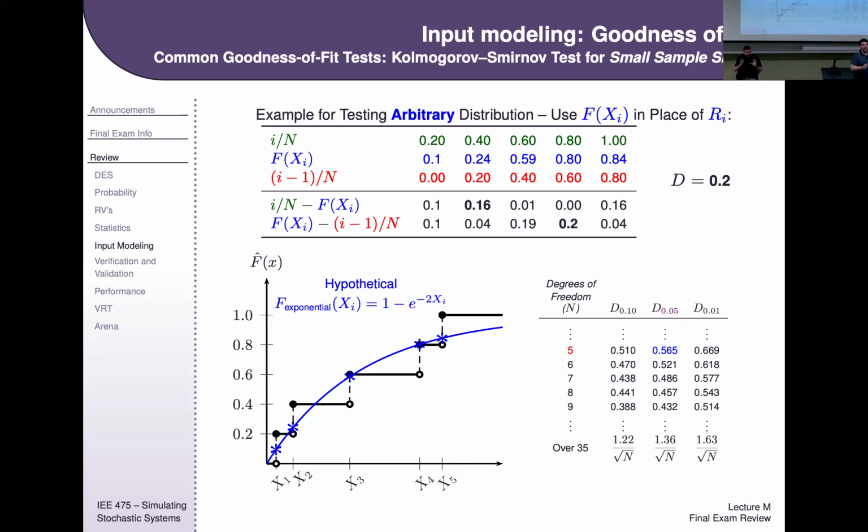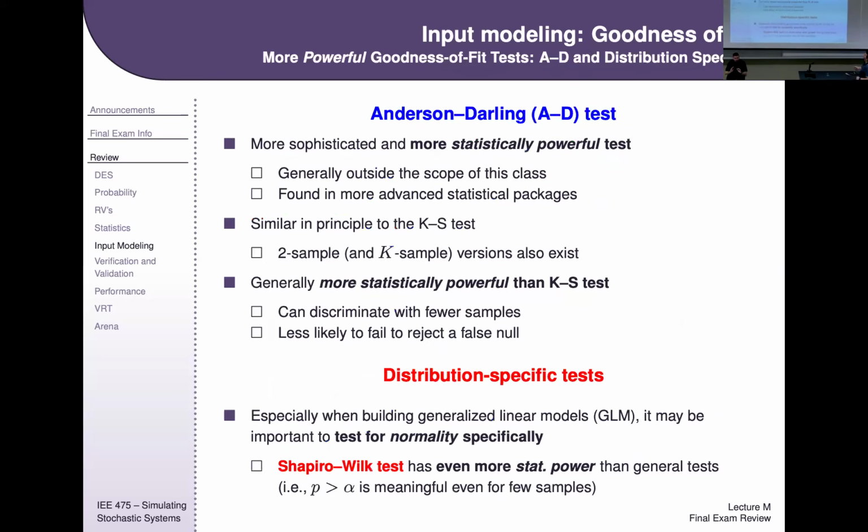It's good to know how to do those tests and when to use them. There are other tests. Just know that they exist. I'm not going to ask you a great deal of details here, but the key point I'm bringing up is that these additional tests generally are going to be higher powered tests.